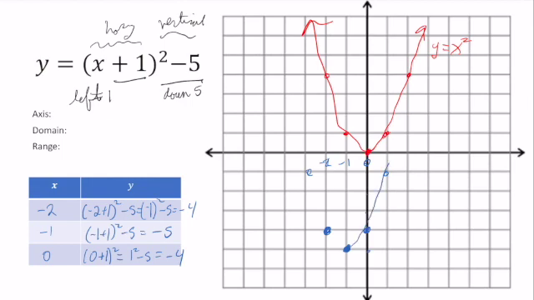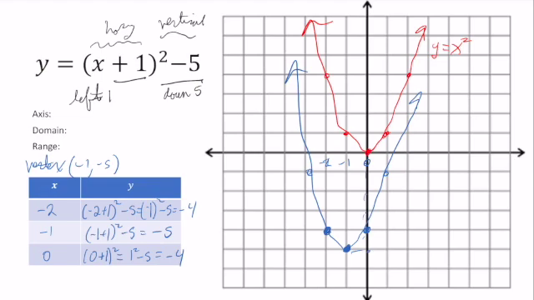All right. So this is my graph shifted down 5 and to the left 1. Let's go ahead and identify my vertex: when x is -1, y is -5.